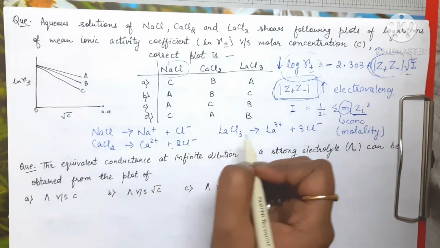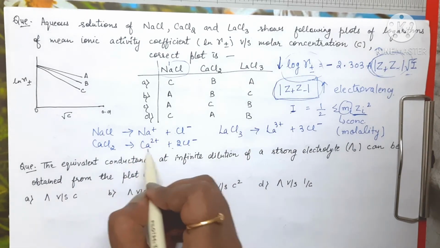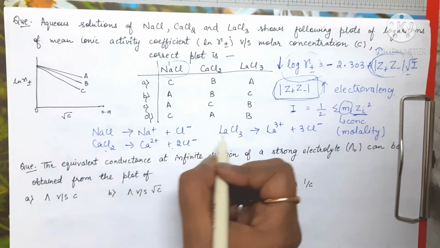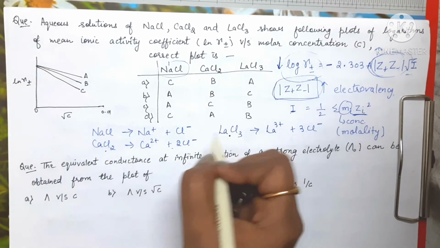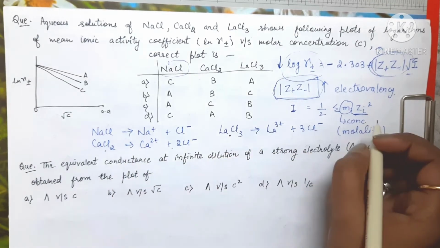So what you are observing in these three cases is that the electrovalency is increasing from NaCl to CaCl2 and then to LaCl3. The value of electrovalency is increasing.